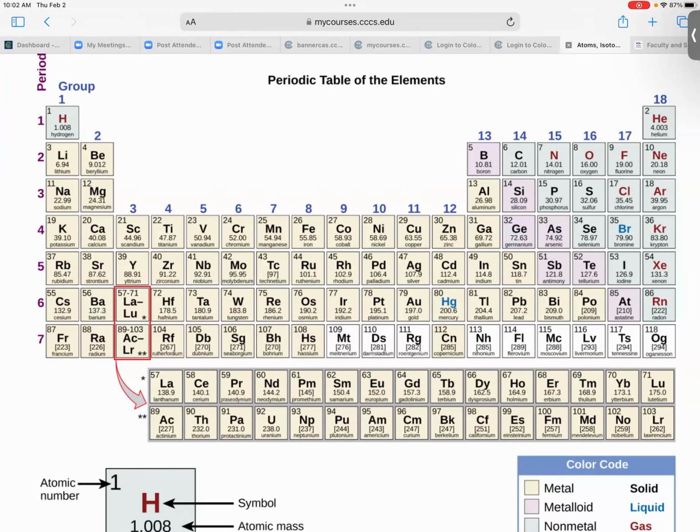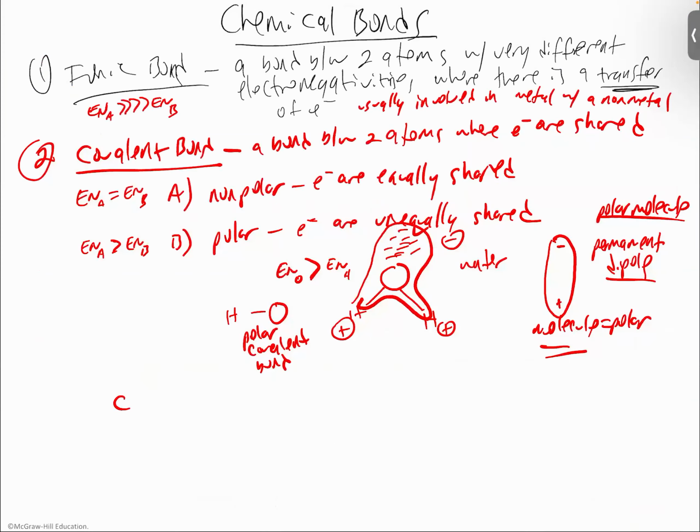How many go on the first shell? 2, right? How many do you have left over? You stick those on the second shell. So how many valence electrons do you have? 4, because you have 4 on that outermost shell: 2 on the first shell, 4 on the second shell. So we have 4 electrons.